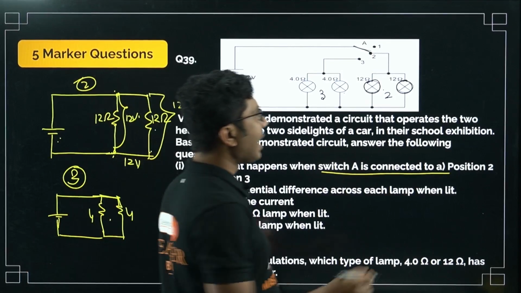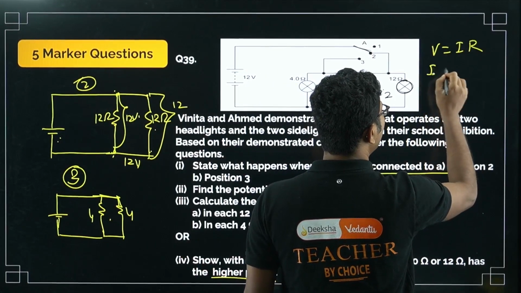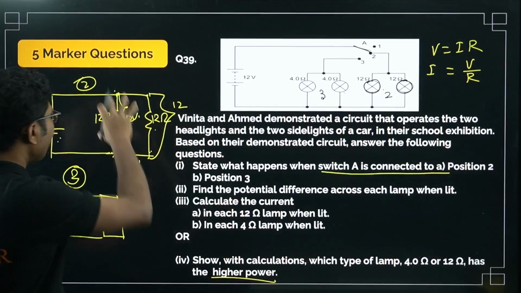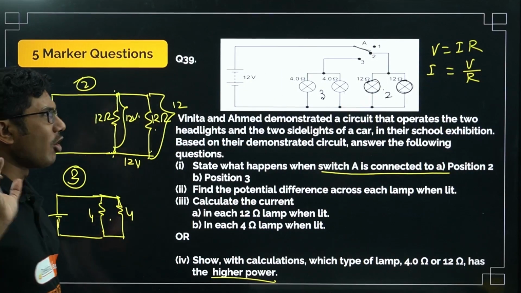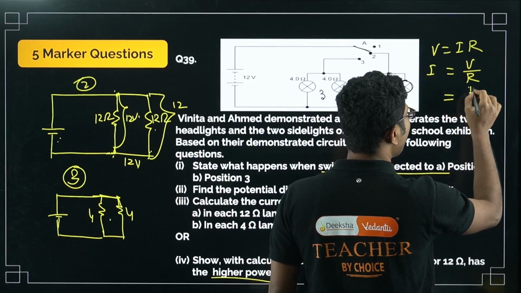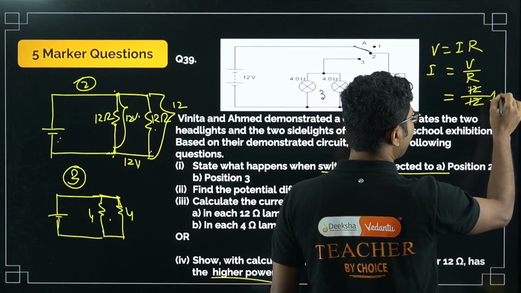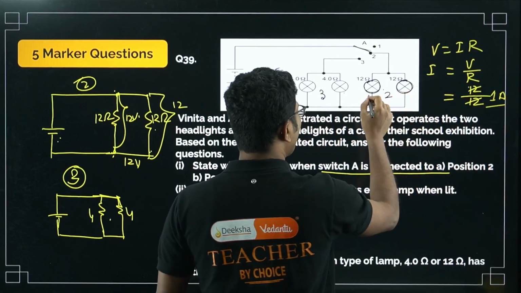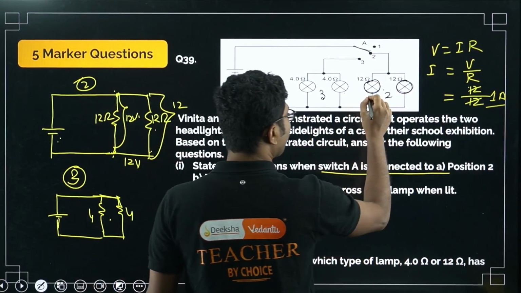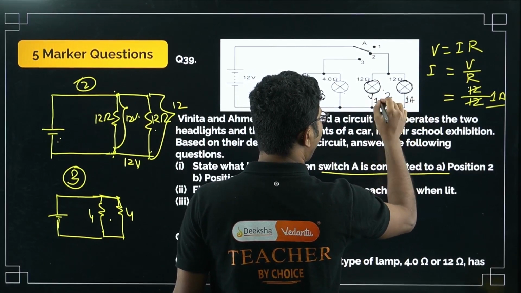V is equal to IR, or I is equal to V by R. Every lamp has the same voltage, so we just have to divide it by the corresponding resistance. So it will be 1 ampere for this. Both of them will have 1 ampere through them.